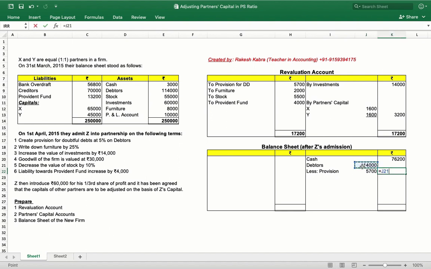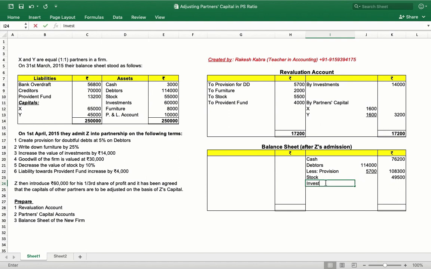So now the net realizable value of debtors is 1,08,800. After this we will show the stock. The stock value in the old balance sheet is 55,000, and we need to reduce the stock by 10%, so 5,500. So the new value of stock will be 49,500.